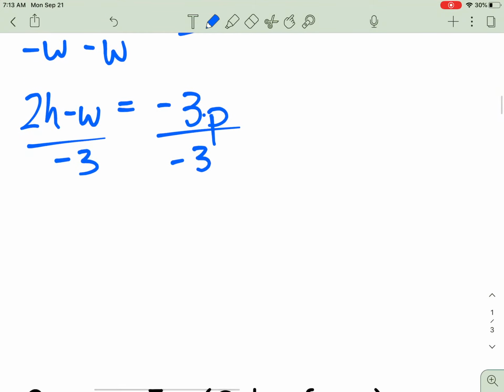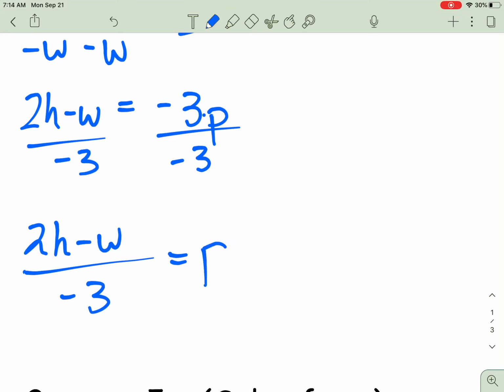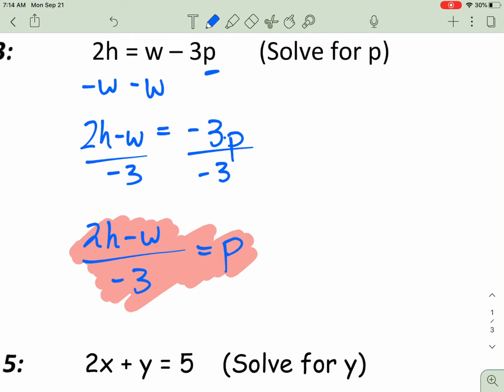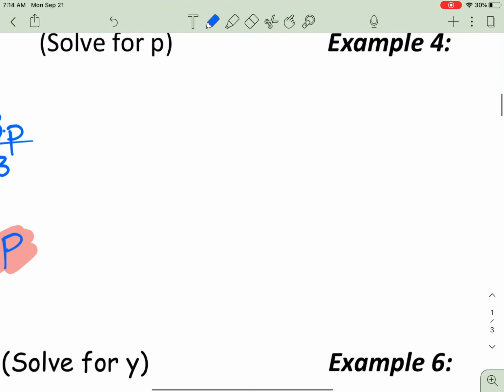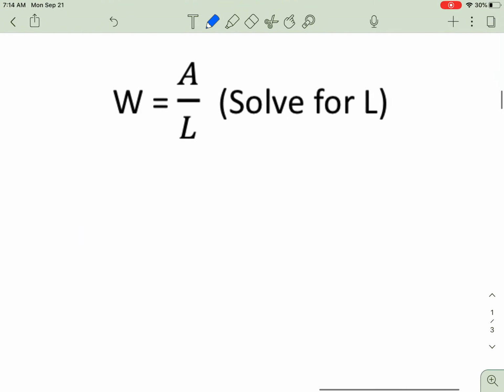Again, notice that I'm not simplifying any of these letters, these variables, because I don't know what they represent yet. So I'm just keeping it as is. I can't really simplify anything unless there are coefficients that are like terms. But the letters are not. We have to assume that they're different letters of the alphabet, which they are. All right, example 4.